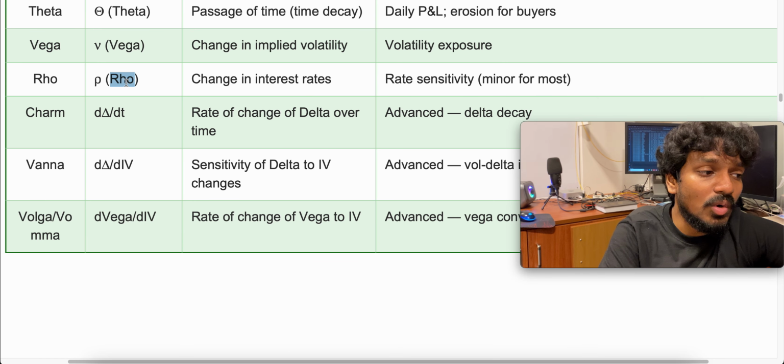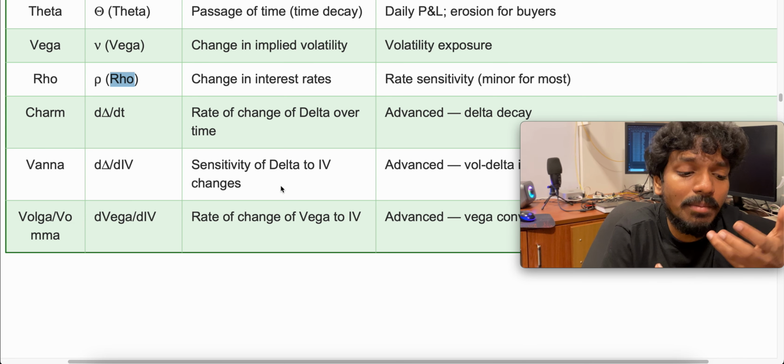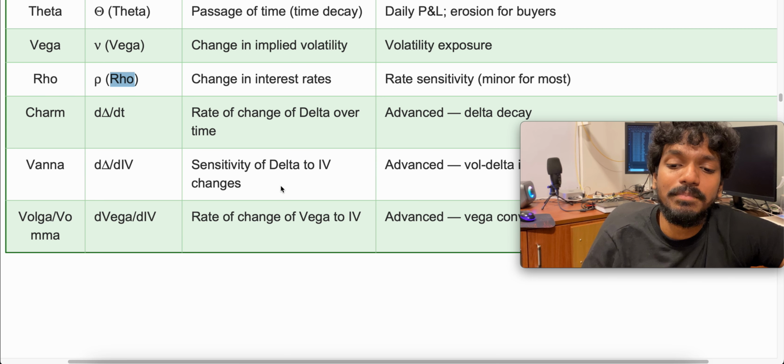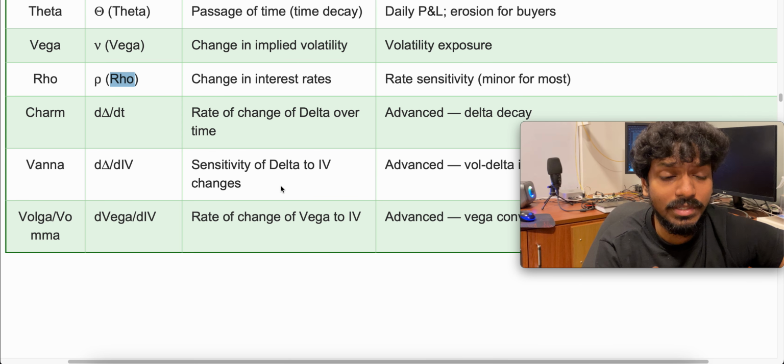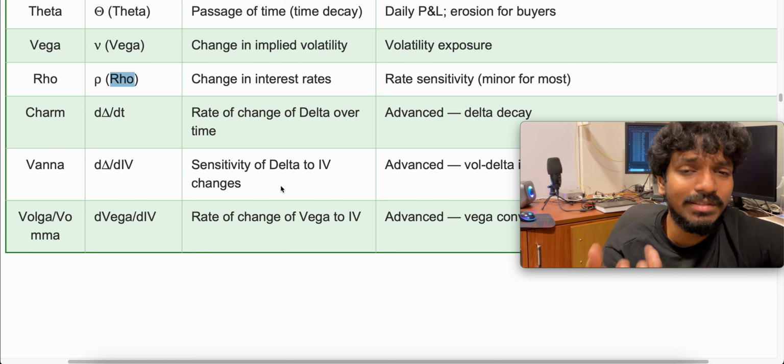And next one is rho. Rho is nothing but the rate of interest. For example, you compare your portfolio with some risk-free interest you're going to get. If you're investing your money in a fixed deposit, you get a risk-free 3% or 4% interest. There is no risk.